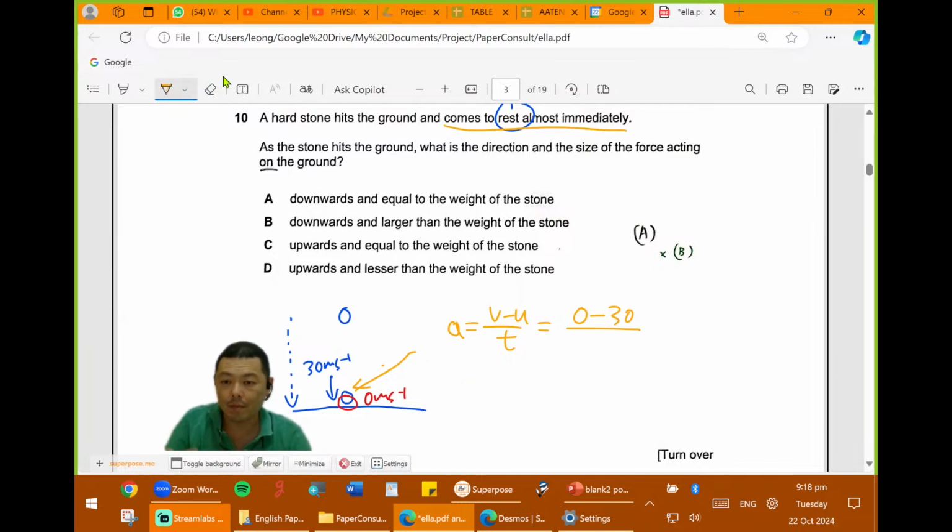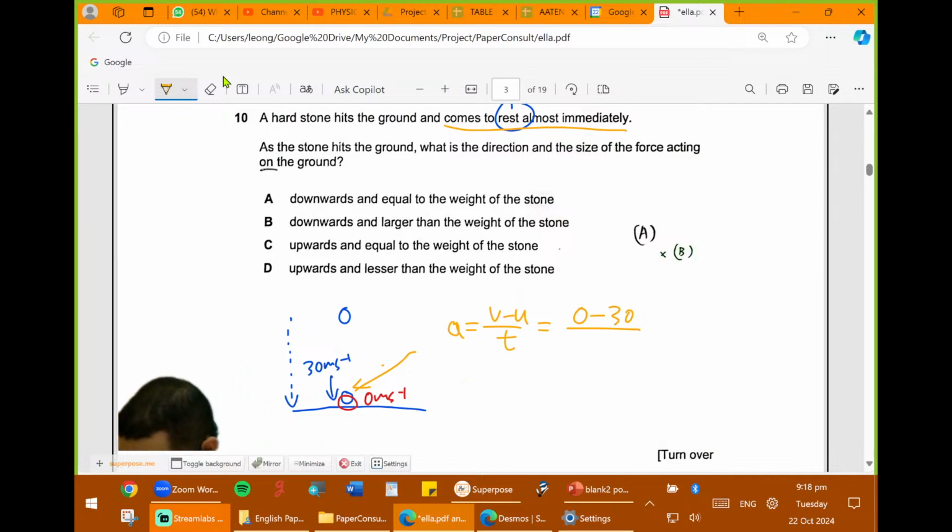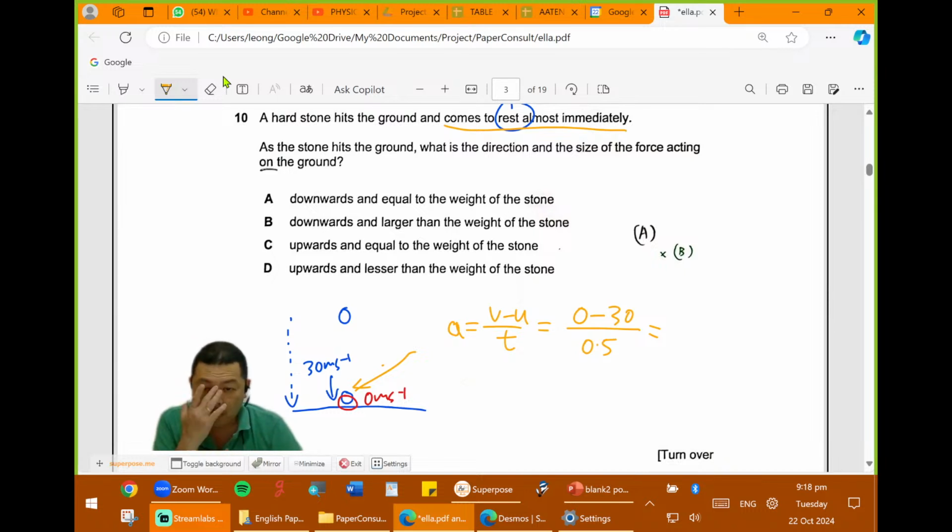There must be a time frame, but it's not immediate. Yeah, it's not 100% immediate. Yeah, it's fine, 0.5 seconds. So how much is the acceleration there?